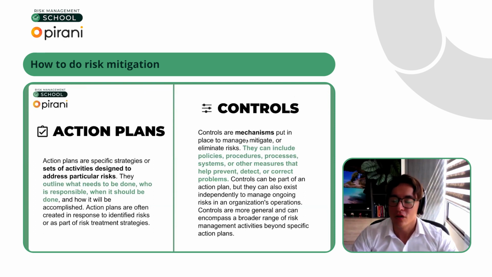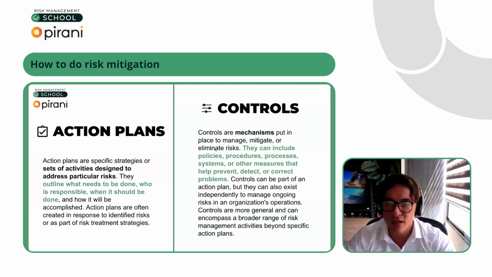So controls. Controls are mechanisms put in place to manage, mitigate, or eliminate risks. Remember, I just said that you cannot eliminate risk, you can mitigate, but sometimes, like avoiding AML, anti-money laundering, you cannot mitigate the risk. You need to avoid or eliminate some specific risks. That is what is here.